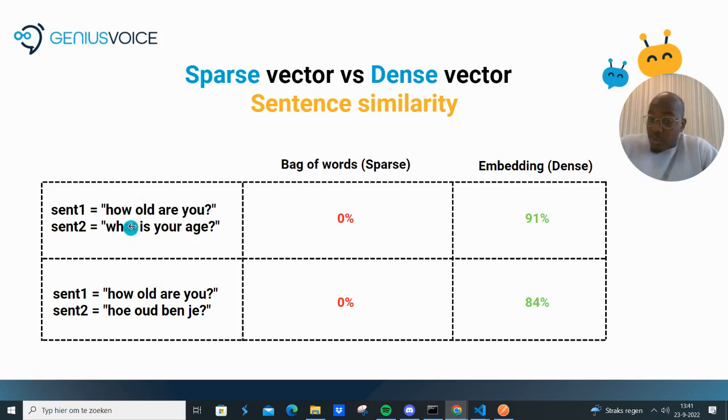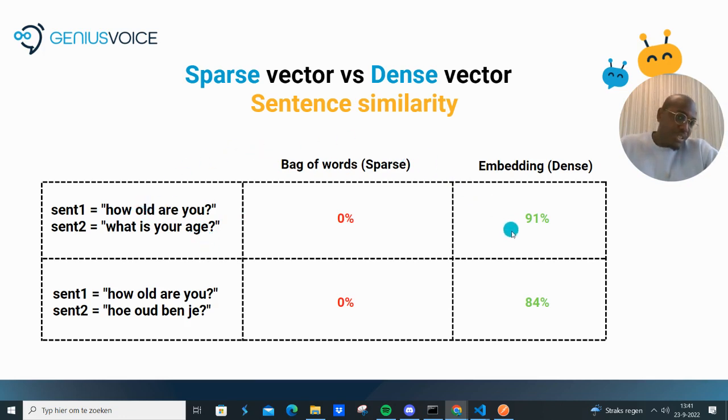For this example, we have 2 sentences: how old are you and what is your age? Well, if we look at it, we all know that these 2 sentences are quite similar. I just want to know how old someone is, right? And if we would use here a sparse vector approach, then we would get a similarity score of 0. And that's because certain words here are not present in the other sentence.